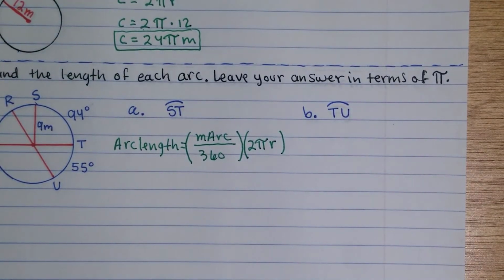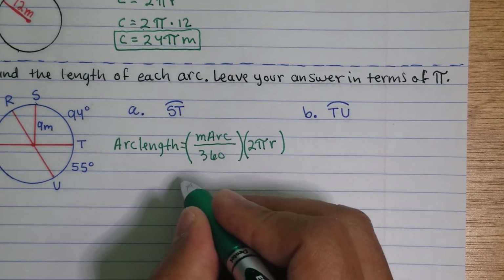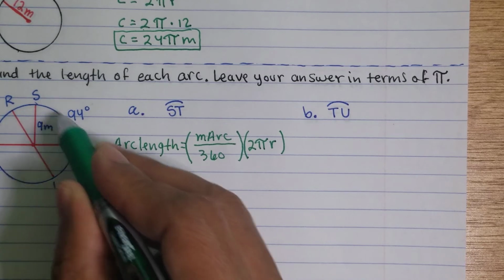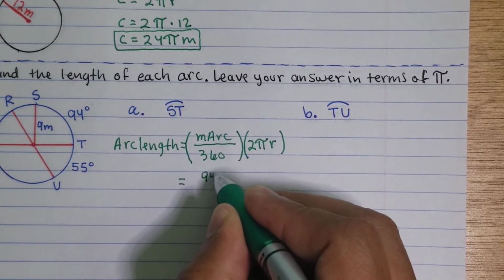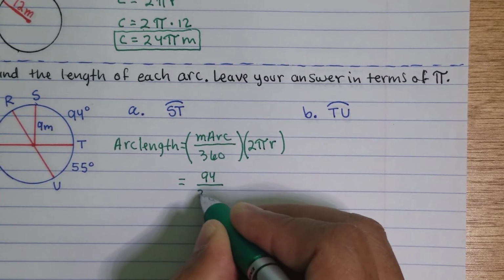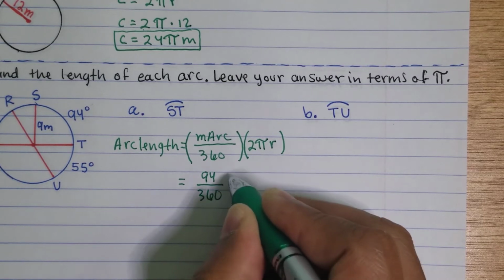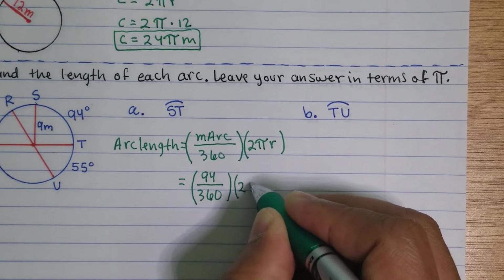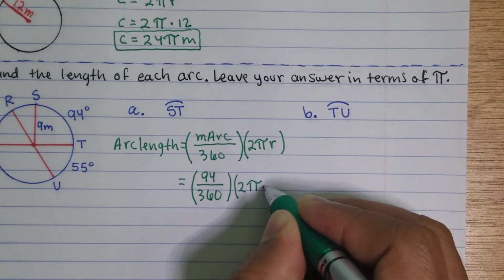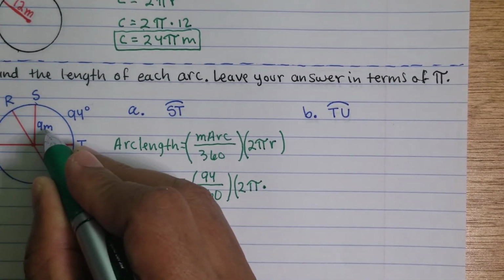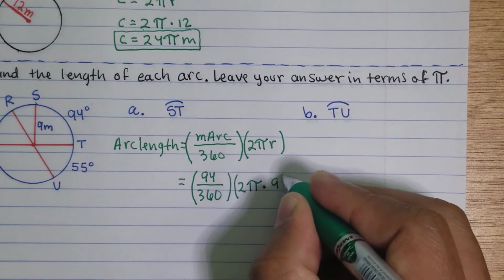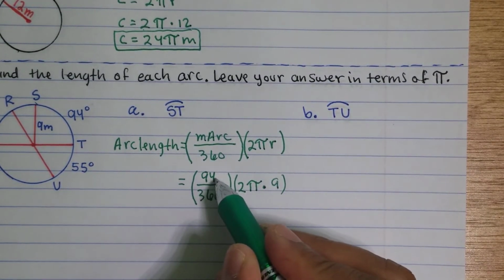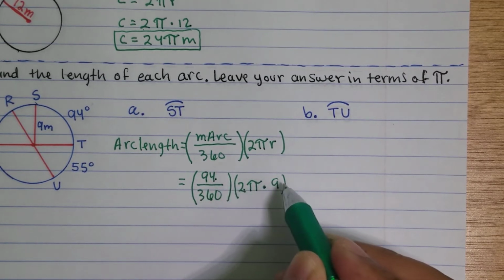Like I said, the measure of the arc in this case is ST. So it's this arc. So that's 94 degrees. Divide that by 360. And then multiply that by the circumference. So this is 2 times pi times the radius, in this case 9. What I'm going to do is multiply 94 times 2 times 9.